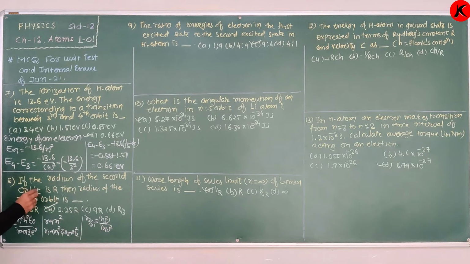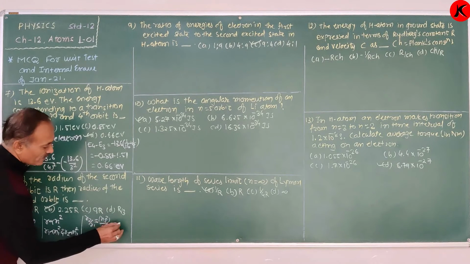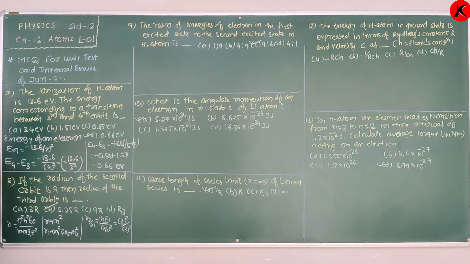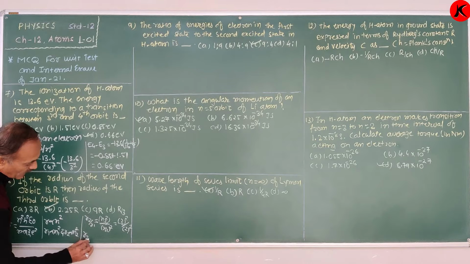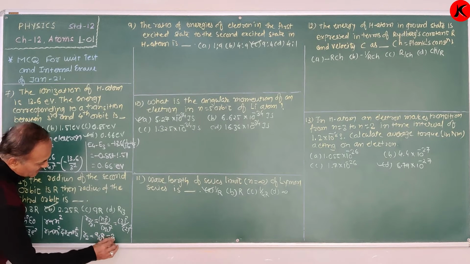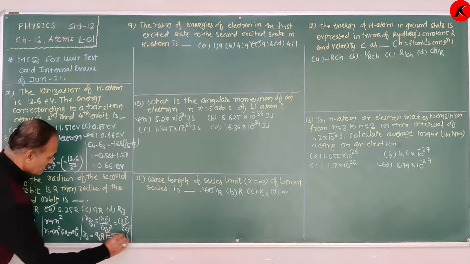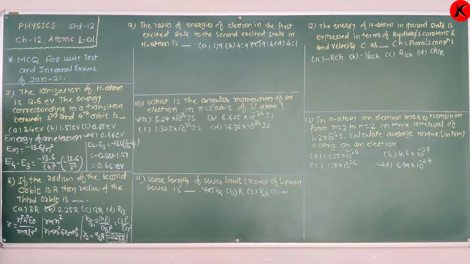Now here the second orbit radius is r, given. In third orbit we have to find out. Therefore, 3 square upon 2 square, therefore 9 by 4 r. Therefore R2 is equal to 9 by 4 r, that means 2.25 r. So this MCQ question is frequently asked in board exam.